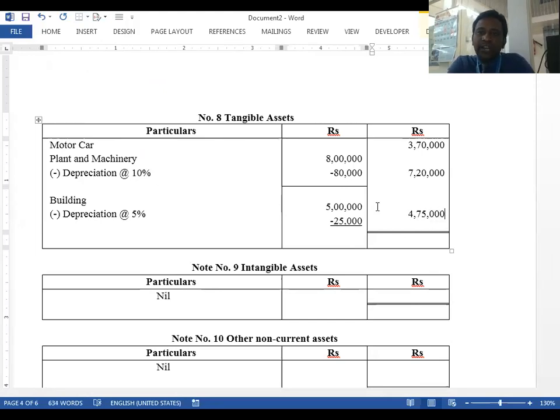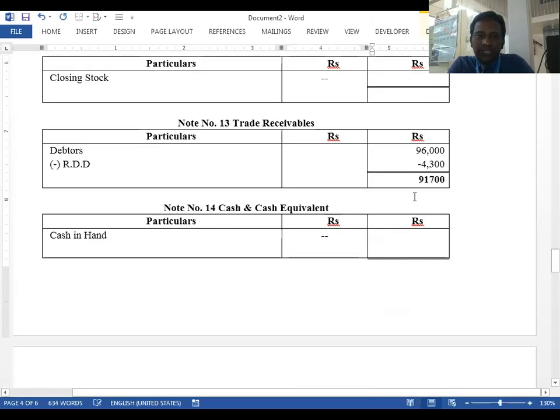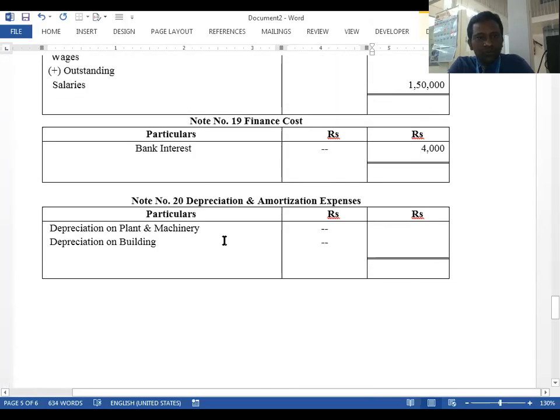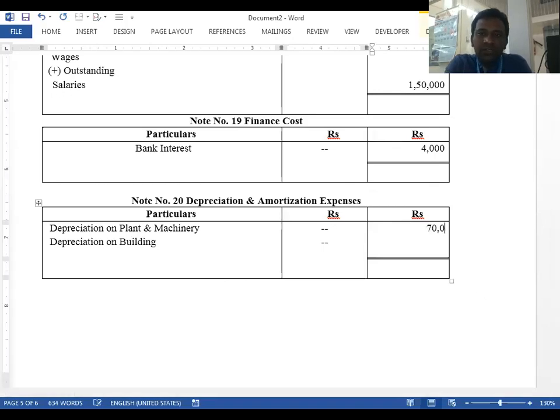So now we transfer the depreciation on plant and machinery and depreciation on building to the notes number, I think 20. Note number 20. Depreciation on plant and machinery 80,000, and on building 25,000. So this is the effect of depreciation.